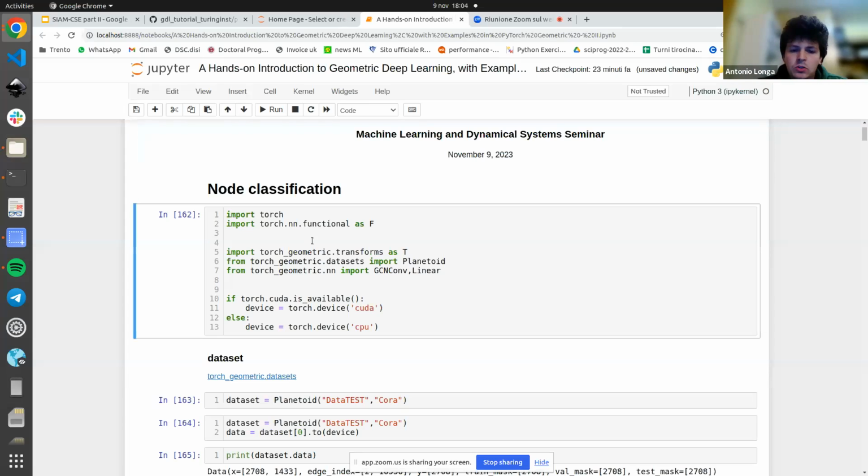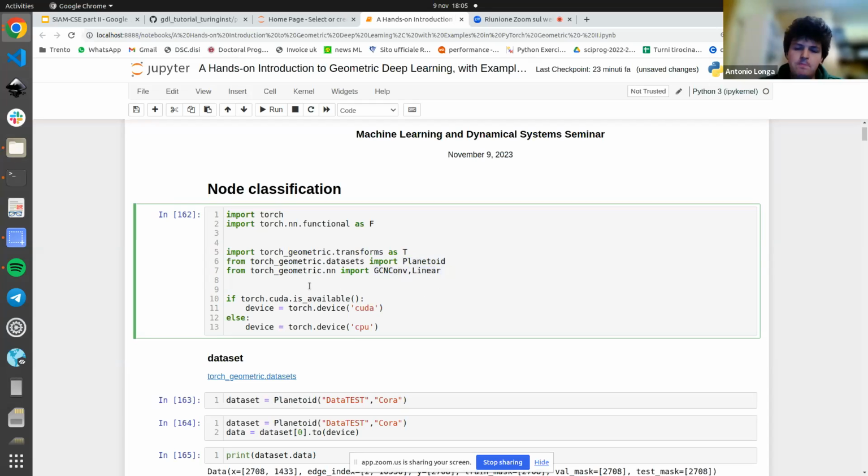First of all, we import Torch and torch.nn.functional as F. Then from Torch Geometric, I'm importing the package for transformations, and then this one for the dataset. In particular, in the first experiment, we're gonna use this collection of datasets. And finally, I'm importing two simple models.